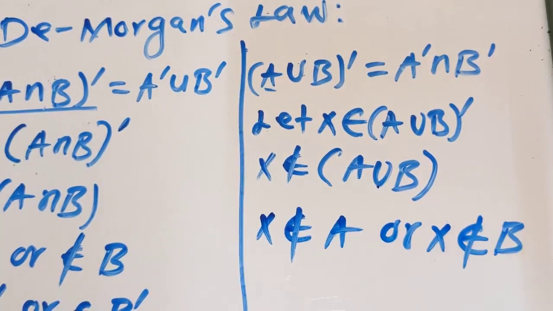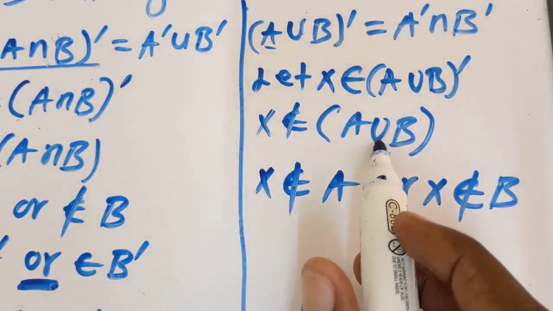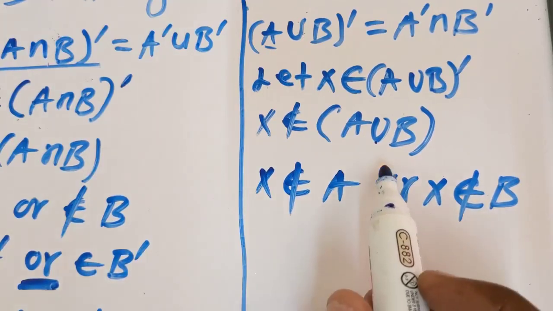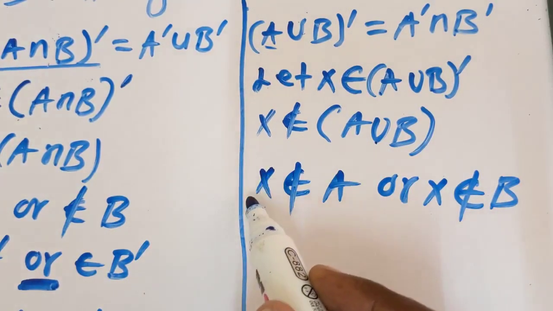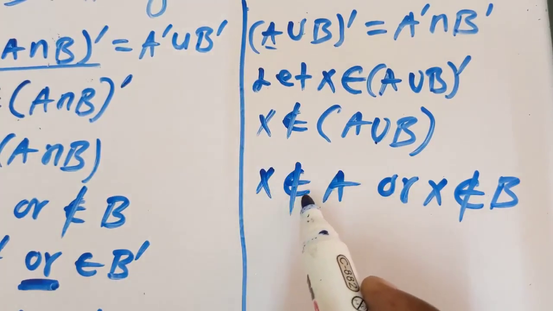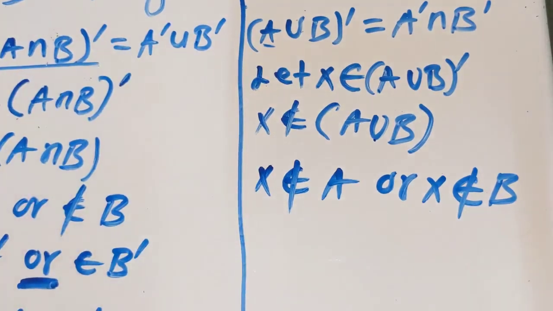Of B. I hope you are getting the concept. This union means what? Or. So this statement means that x is neither a member of A, nor a member of B. I hope you are getting that concept.